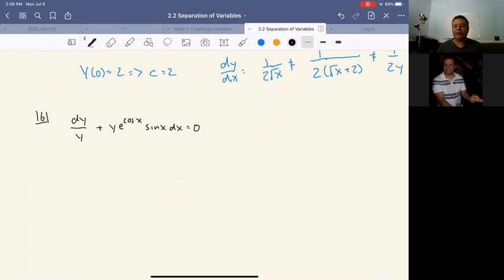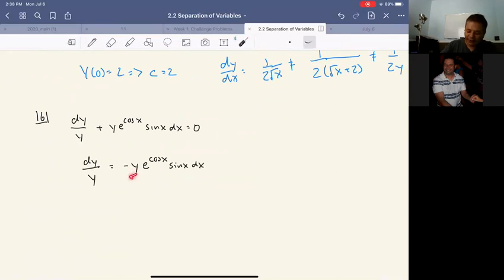So the first thing we're going to have to do is make a little bit of algebraic manipulation. Again, these are the magical manipulations, but they're okay because we're in a differential equations class. So negative y e to the cosine x sine x dx. Then we're going to go ahead and divide by this y.